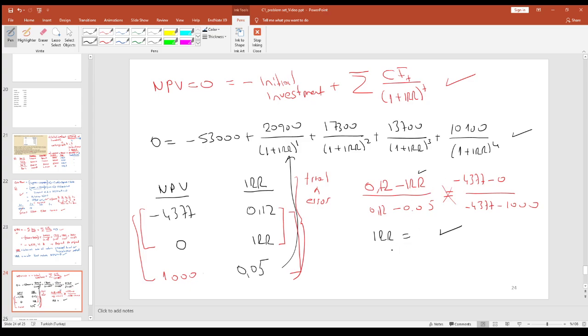Do not forget, if you find internal rate of return by this method, trial and error plus interpolation, you will find it with an error.